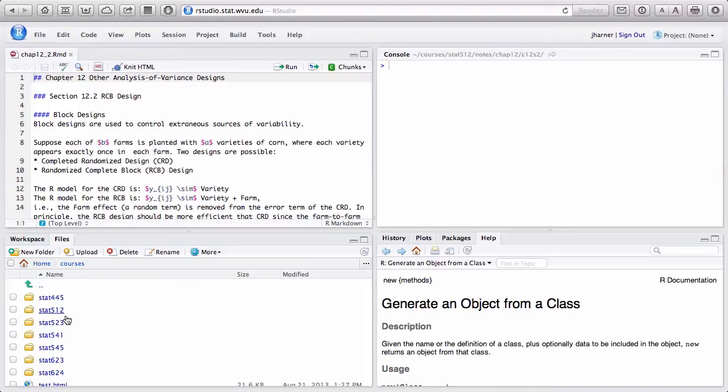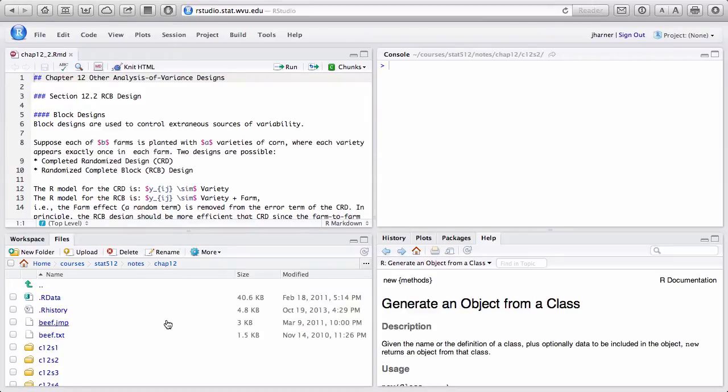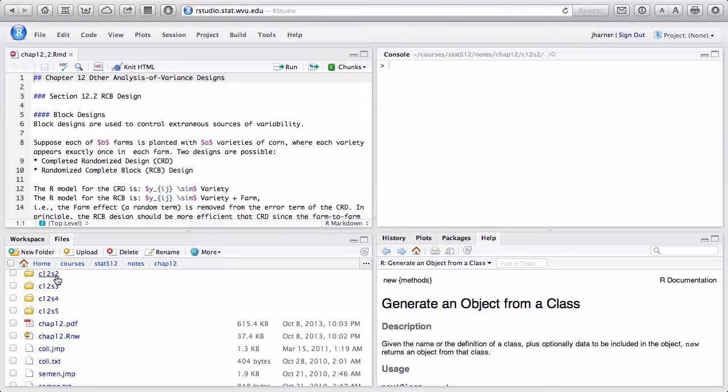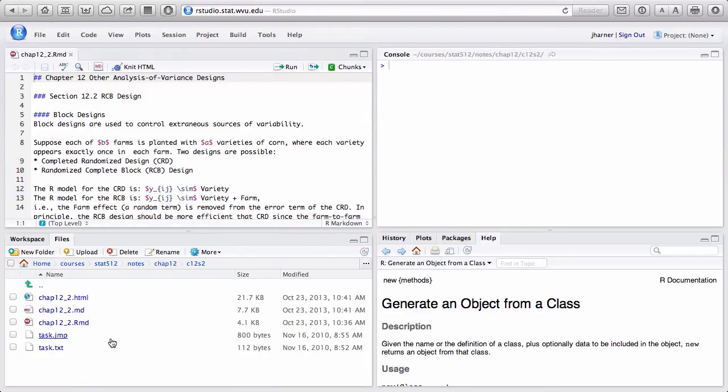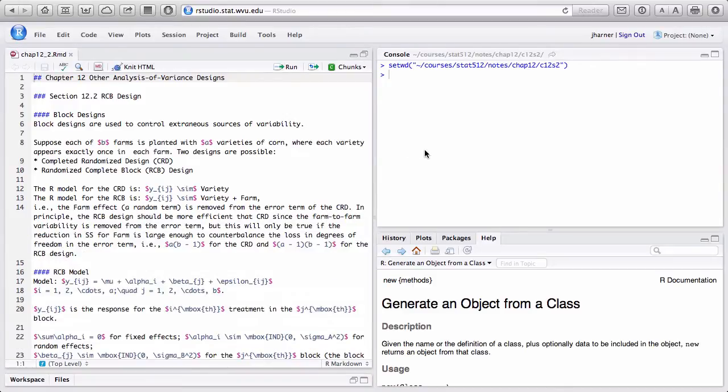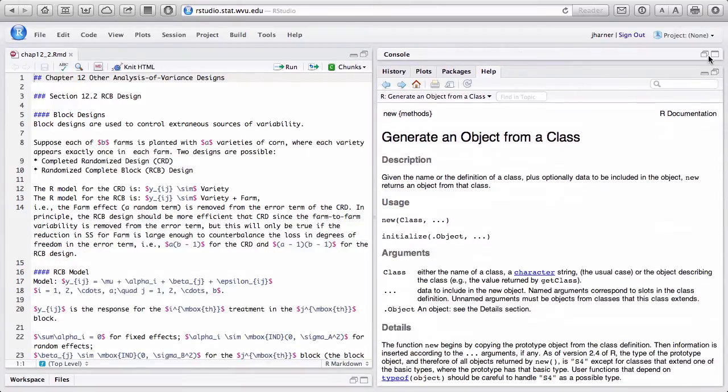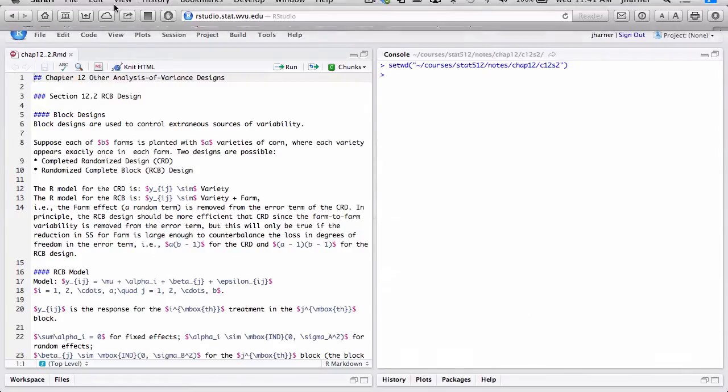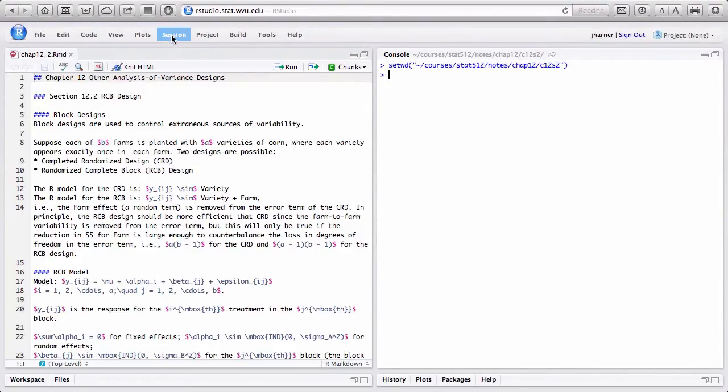There's still going to be one piece that will be missing, as I went through the notes that I had developed. I'm going to go ahead and knit this.